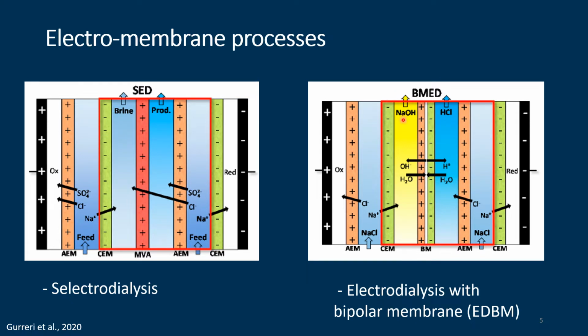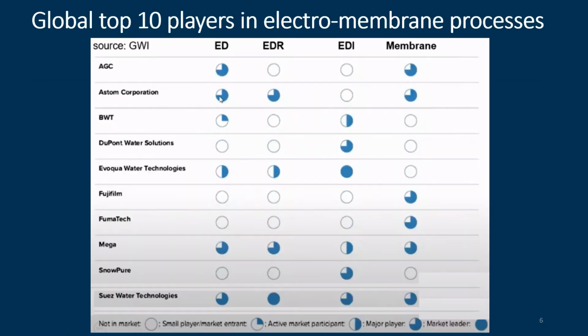So this bipolar membrane can produce sodium hydroxide and HCl from your salty water of sodium chloride. This is a very easy way to produce caustic material and acidic compounds.